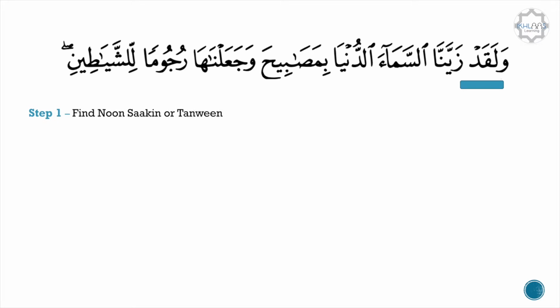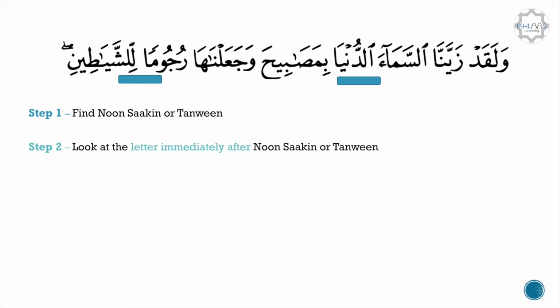Step 1. Find the Noon Saakin or Tanween. So when we go across, we can see the Noon Saakin sign and we can see the Tanween sign. Step 2. Look at the letter immediately after the Noon Saakin or Tanween. So we can see after the Noon Saakin there is the letter Ya, and after the Tanween there is the letter Lam.